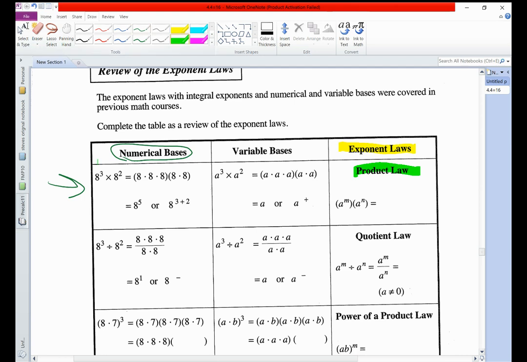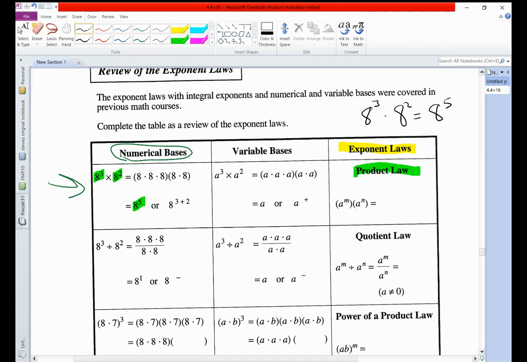So you can see here, when we have 8 to the power of 3 multiplied by 8 to the power of 2, it becomes 8 to the power of 5. When you multiply exponents with the same base, the base is 8, the exponent is 3. The next one is base 8, exponent 2. You end up adding the exponents. 3 plus 2 is 5.